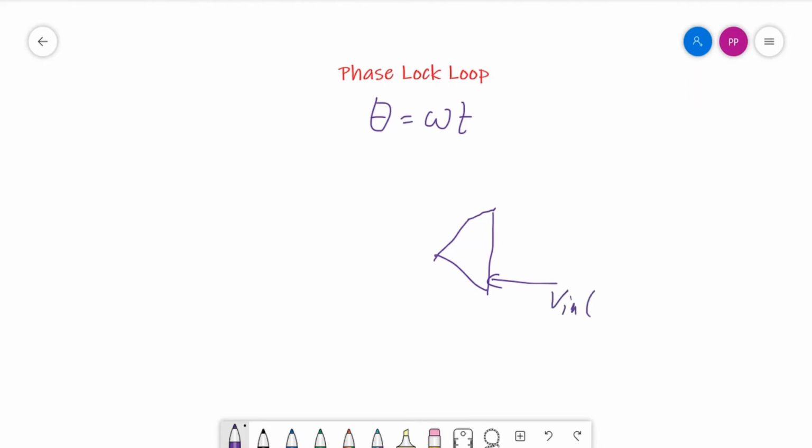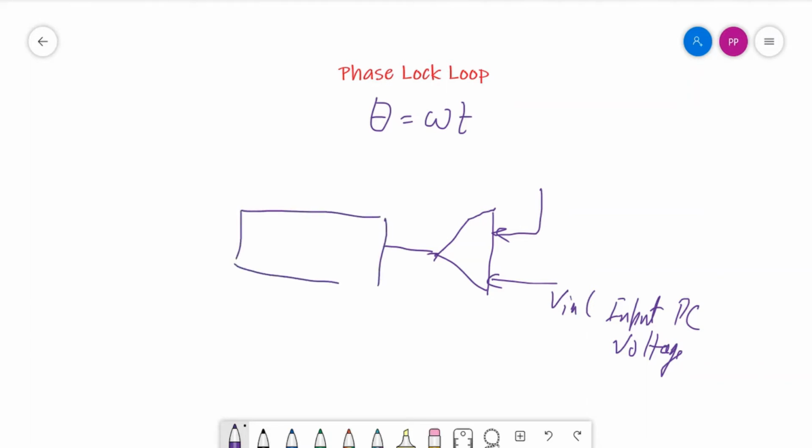This is the input DC voltage, and it is compared with another voltage that we are going to discuss. This will produce a compared output, which will trigger a voltage controlled oscillator. So it will go to a voltage controlled oscillator.